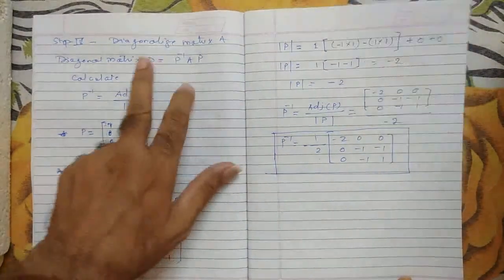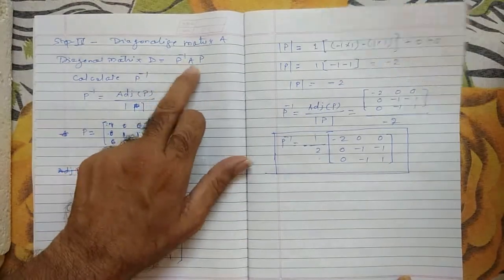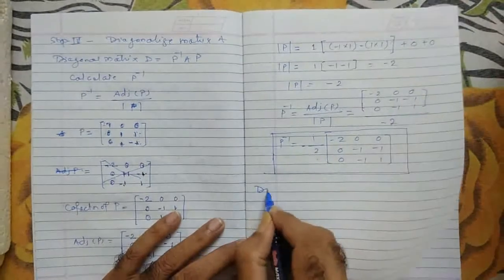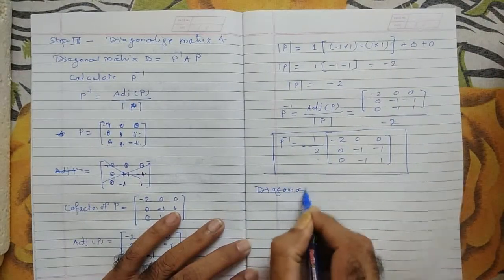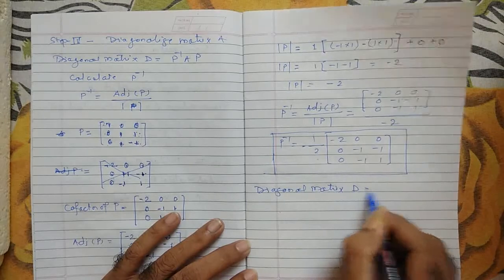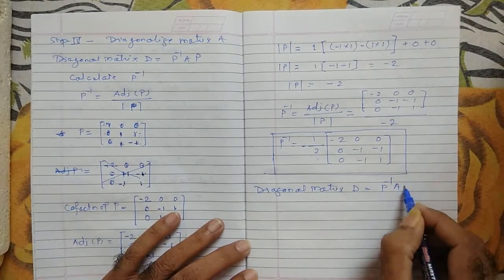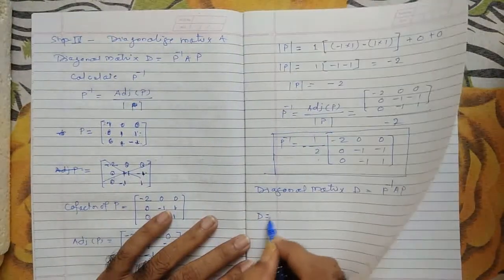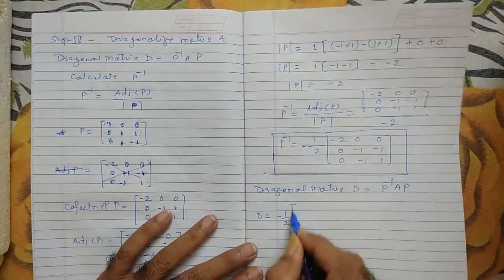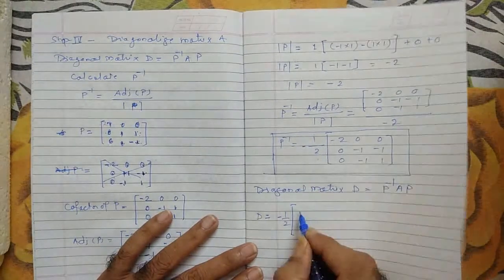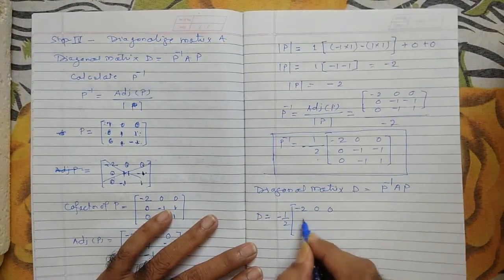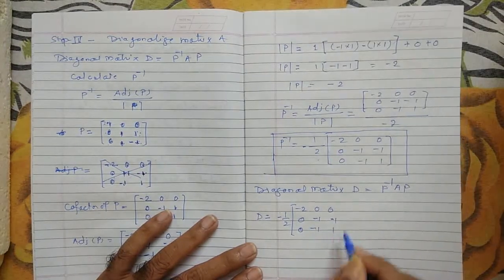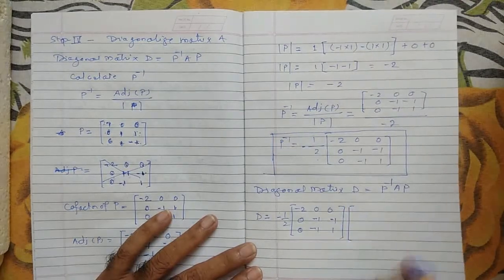Now I know the diagonal matrix D is equal to P inverse A into P. So D is equal to -1/2 P inverse, that is -2 0 0 0 -1 -1 0 -1 1 multiplied by, what is A?